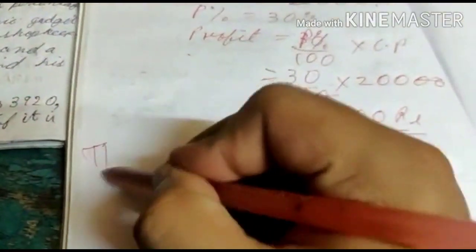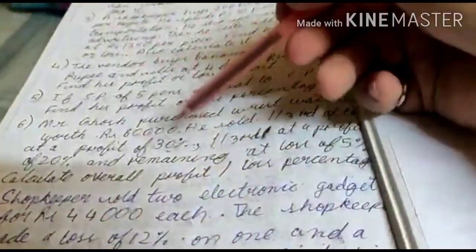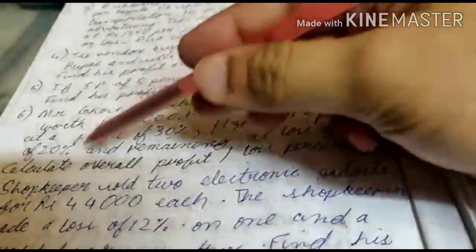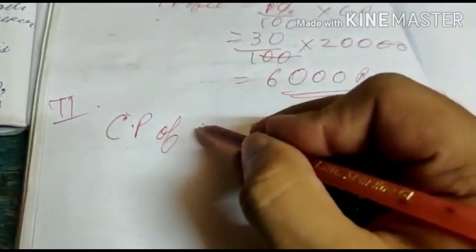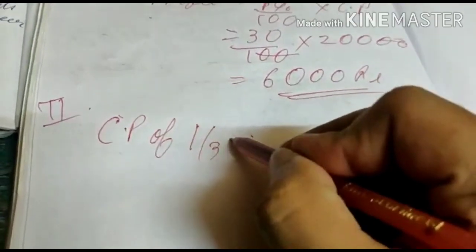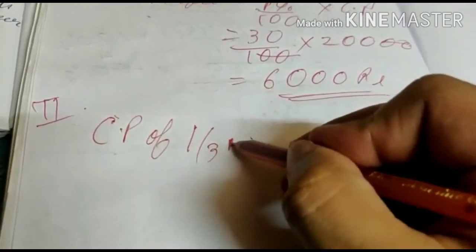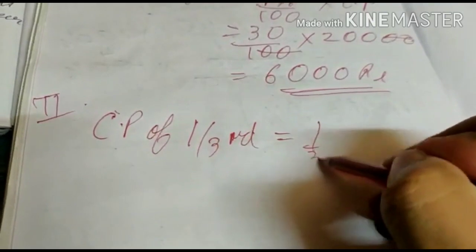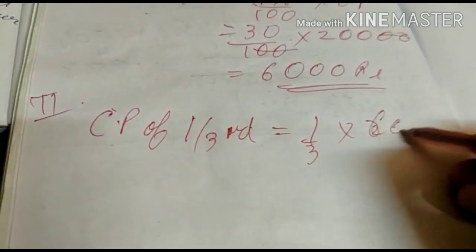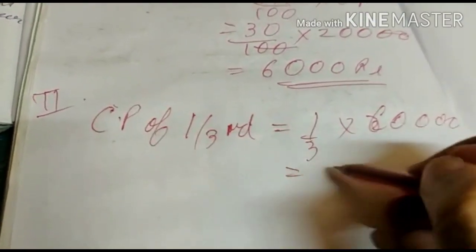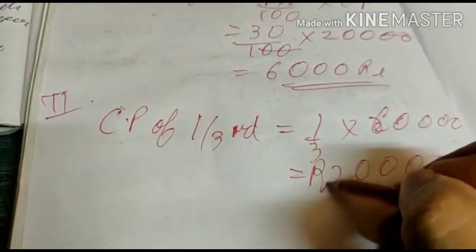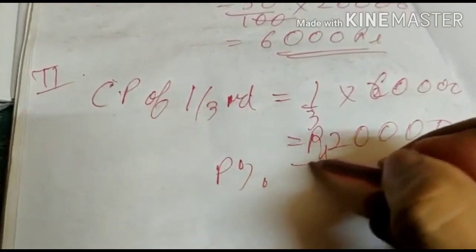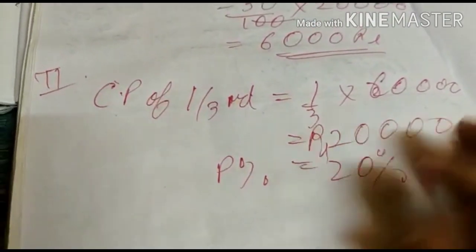The second part is, it says that one more 1/3 at a profit of 20%. So CP of 1/3 is 1/3 into 60,000. It is again 20,000 rupees. Here profit percent was 20%.